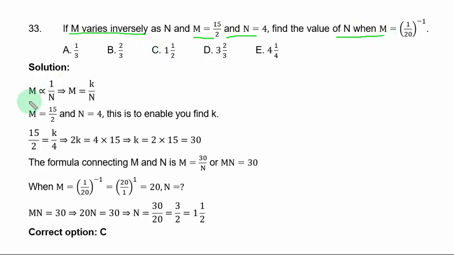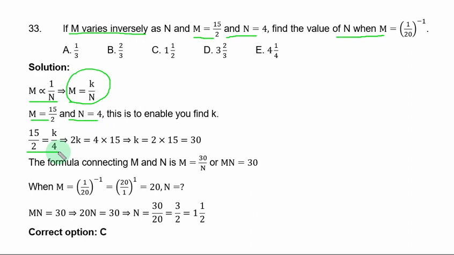This is the inverse variation between M and N. To continue, you replace the symbol of variation with an equality sign and multiply the right hand side by the constant of variation K. You have M equal to this and N equal to this. The purpose is to enable you get K. So you replace M and N with what they stand for in this form.